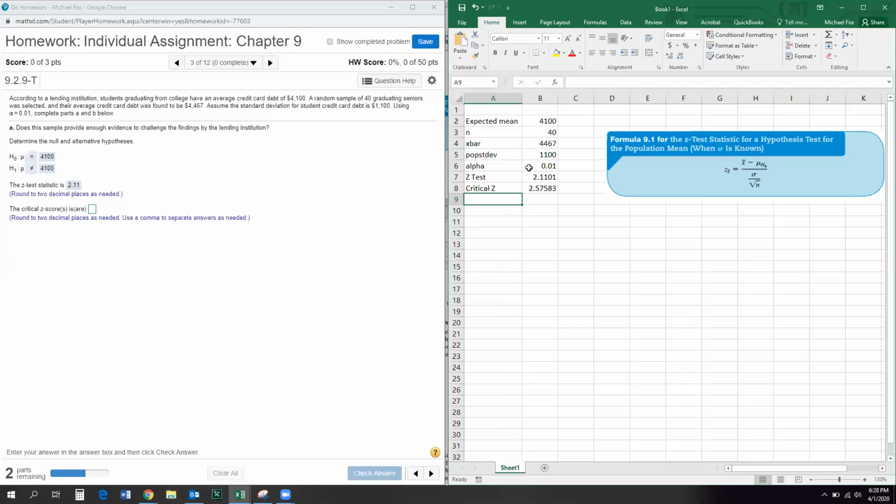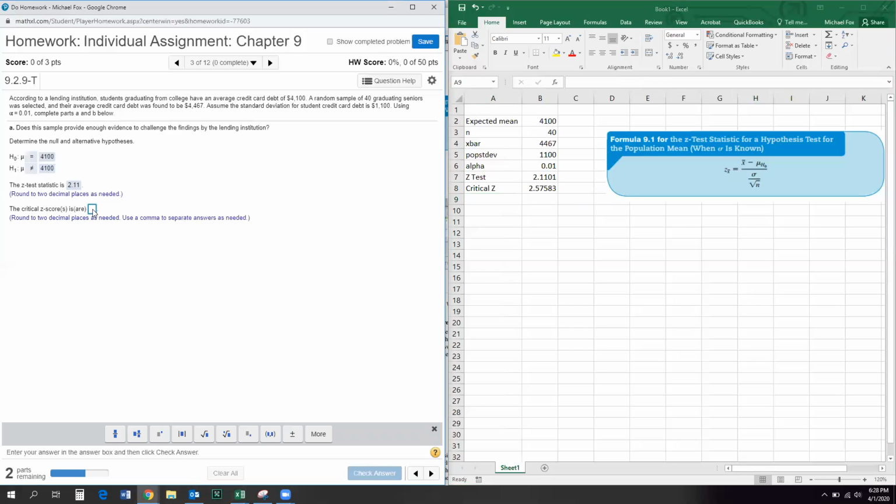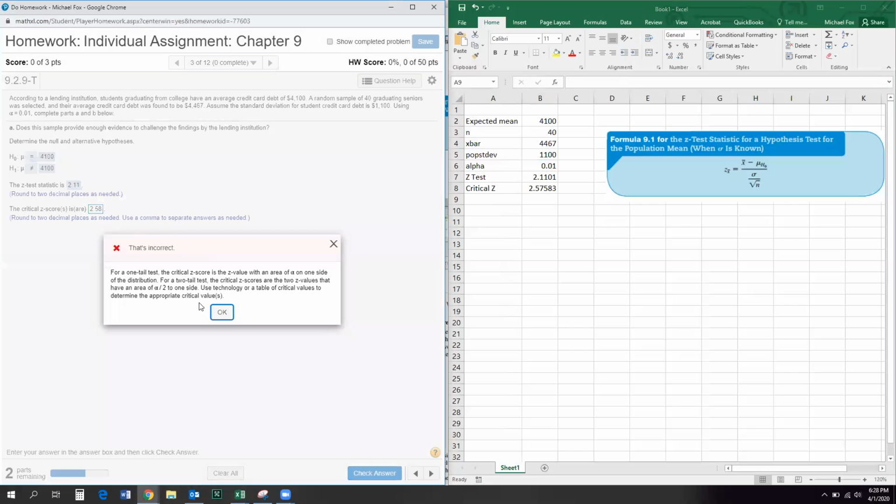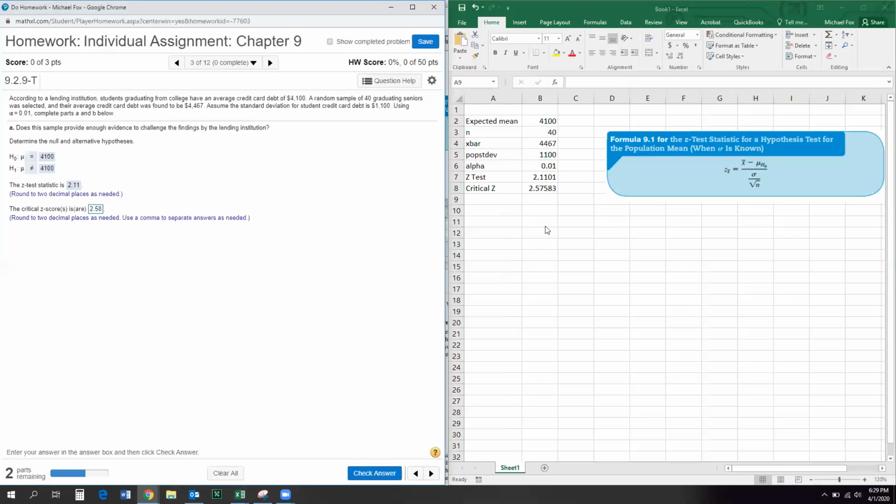So we can see right there that our z-test statistic falls within our critical z's. 2.58. Whoops, maybe I did something wrong. Let me make sure I got that alpha right, 0.01.